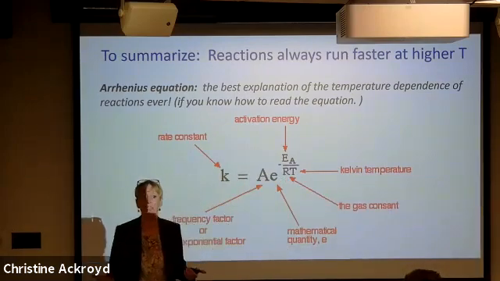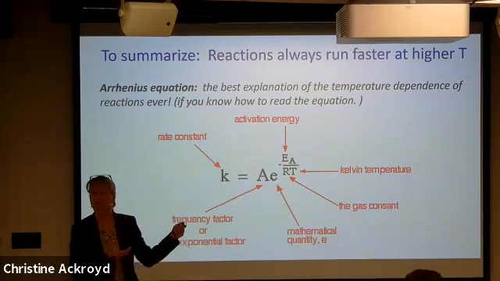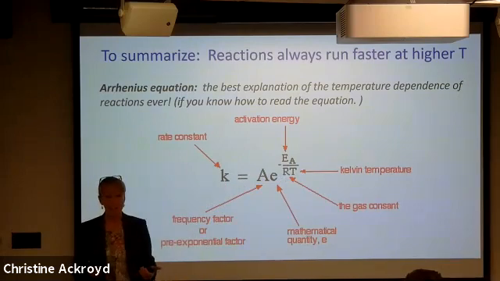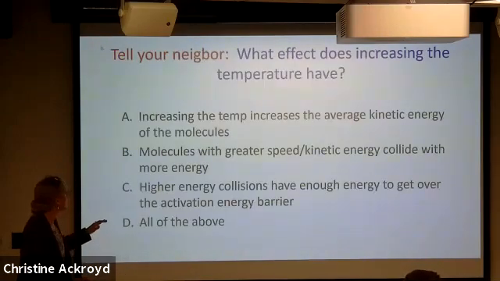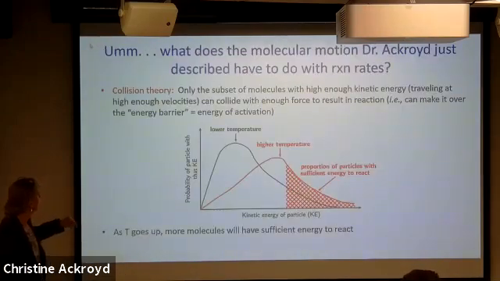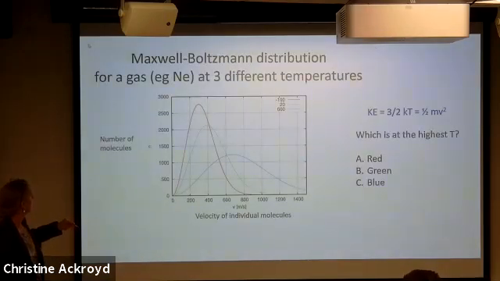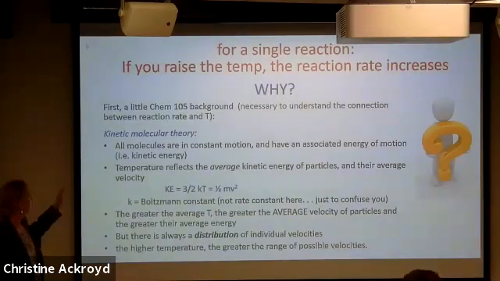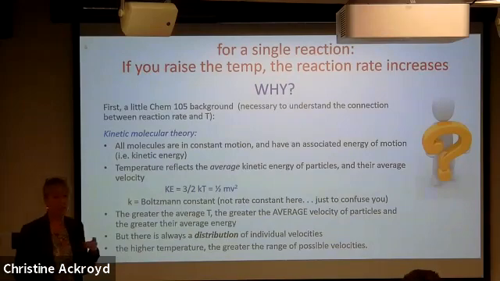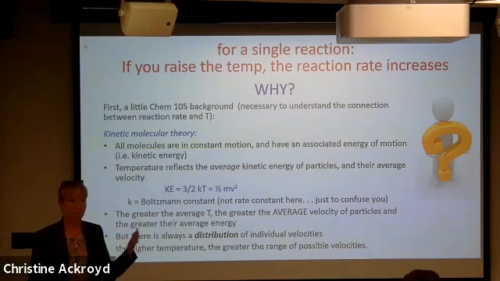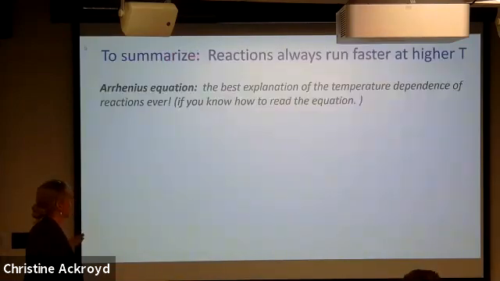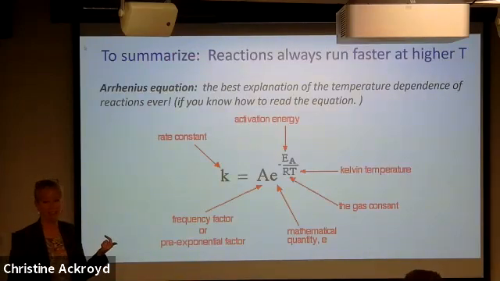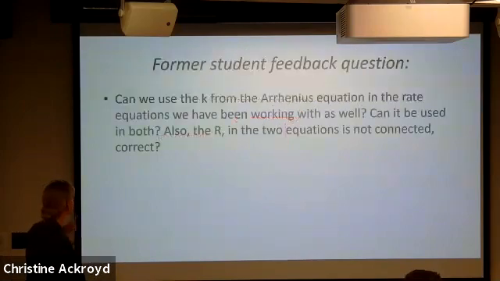By knowing what those numbers are for a given reaction, that helps us understand what's actually happening in that specific reaction. So if we go back to collision theory, molecular motion, energy of activation, what has to happen for a reaction, the Arrhenius equation actually teaches us about all of those things.